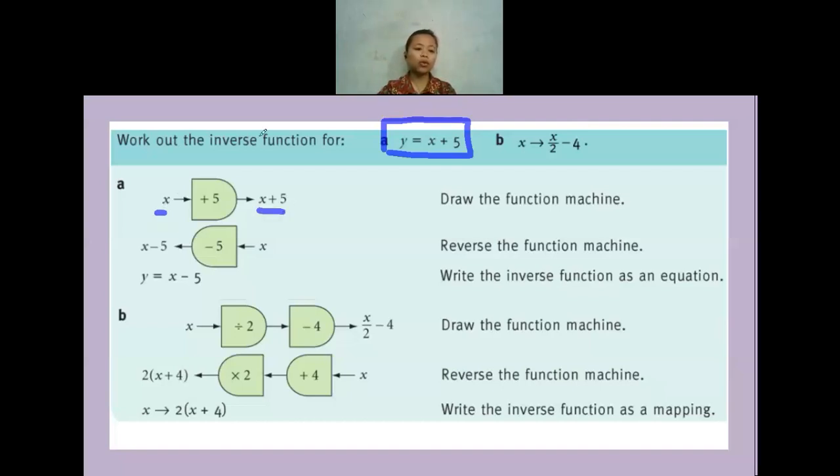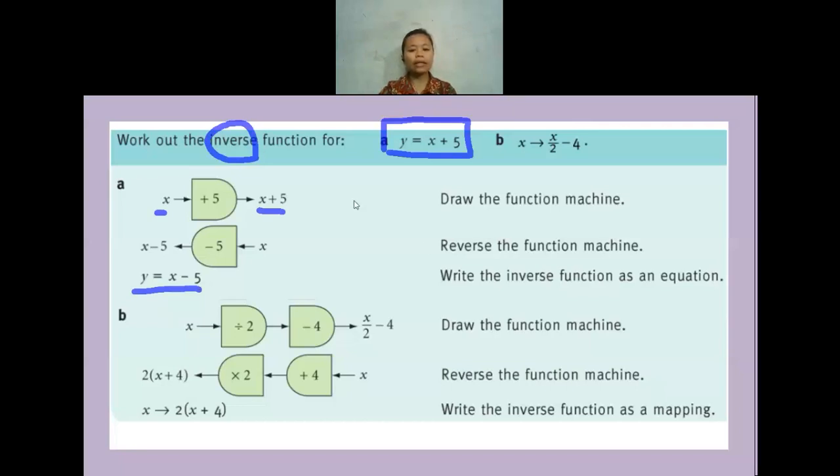Because I need to find the inverse, I need to reverse. So this is plus 5, and we need to subtract 5. Usually we go from the left, now we go from the right. We have x, and we subtract 5, so it will be x minus 5 for the inverse. So the inverse we write as y equals x minus 5.